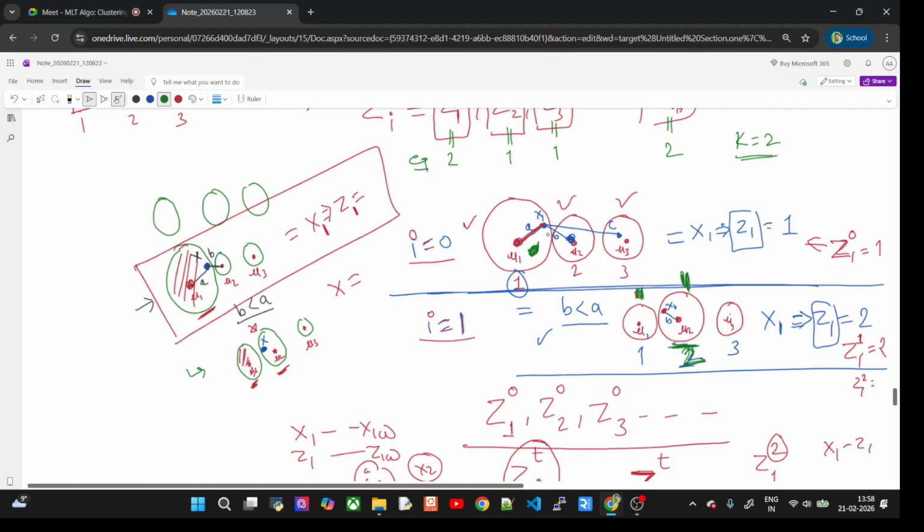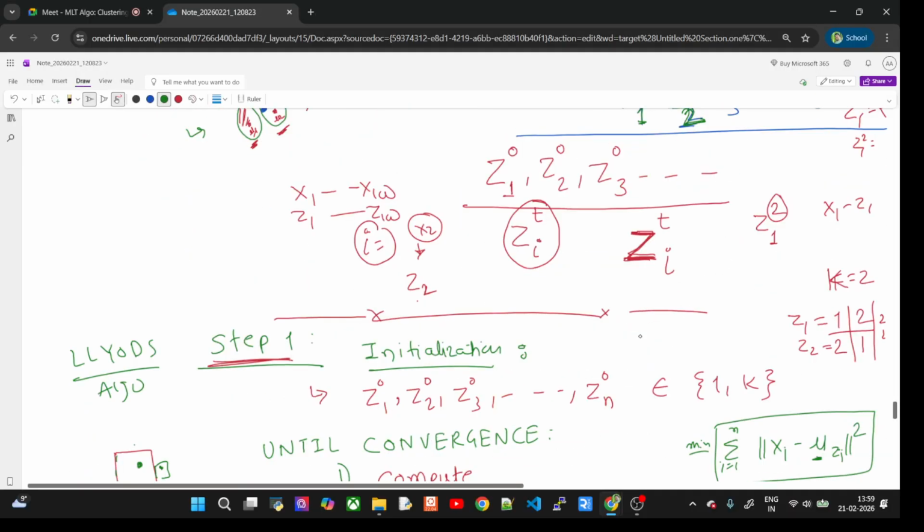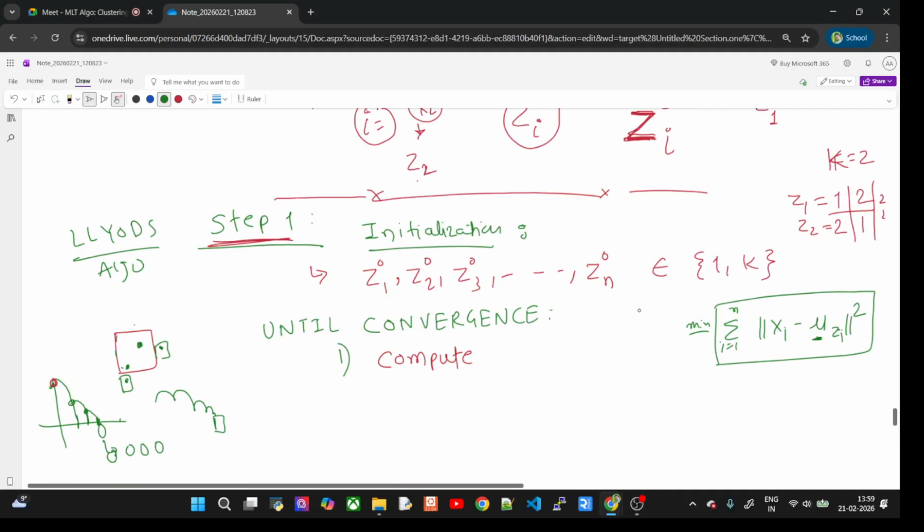So I made circle 2 bigger and circle 1 smaller, which means the mean, the average of this cluster, has changed. So you have to calculate the mean of this middle circle mu2 one more time. Every iteration you have to calculate the mean.